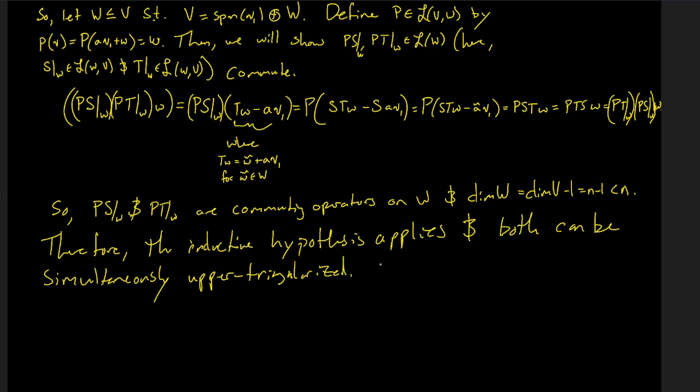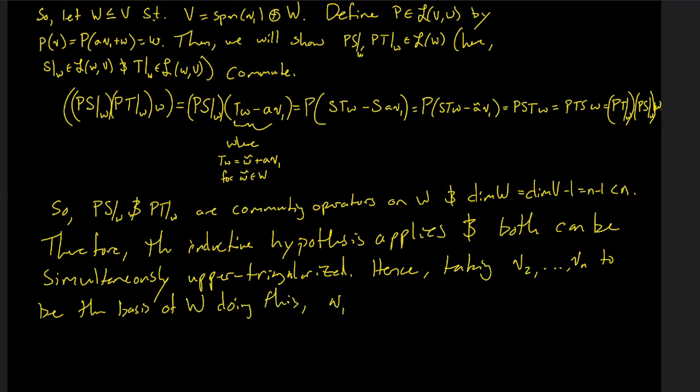So, hence, taking V2 through Vn to be the basis of W, and then V1 through Vn, simultaneously upper triangularizes S and T. Why is this?